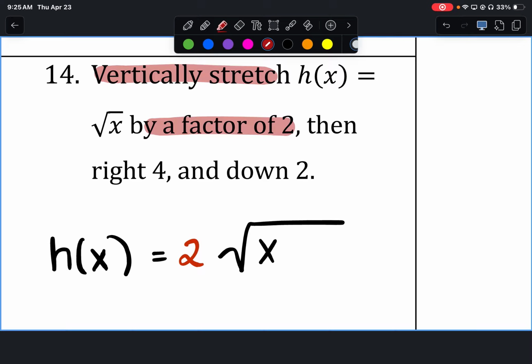And then where does the right 4 need to go? Inside. When you do something inside of the square root, it has to make sure it's under the radical. Okay, so it'd be minus 4. You could also, if you wanted to, put that in parentheses. That's not a required thing, but it can help you to make sure it's very clear where your square root stops. And then what's the last piece of that?